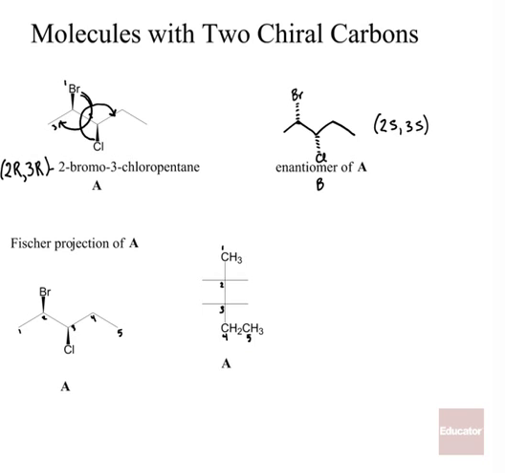Okay, and what we have to decide then to draw an accurate Fischer projection for A is where do we locate the bromine and the chlorine? Are they going to be on the right or left on each carbon? So we have to get the proper perspective, and let's see if we can do that using our line drawing, our stick figures.